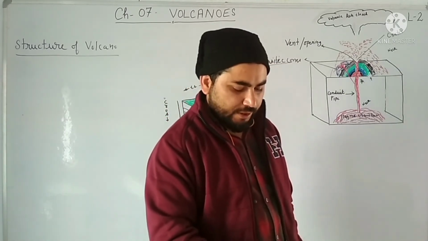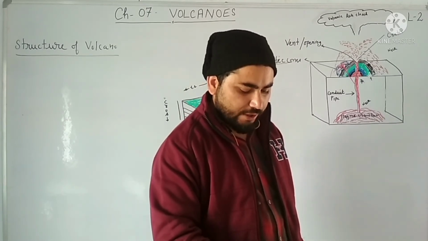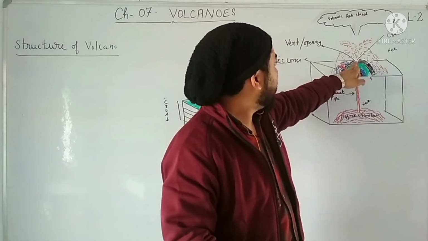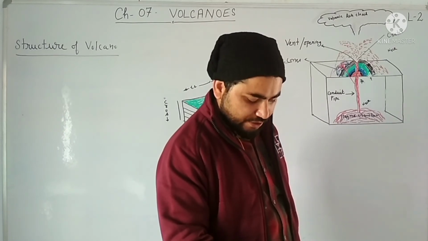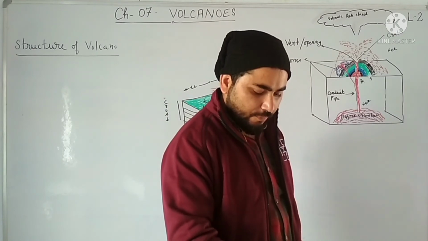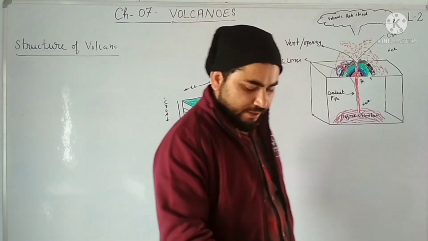The eruption may take place quietly or violently. Vent: the lava flows out through an opening in the earth's crust called vent. So, this is the vent from where the lava is coming out. The opening is usually of circular shape. There may be only one opening at the summit, however subsidiary vents are formed during repeated eruptions.